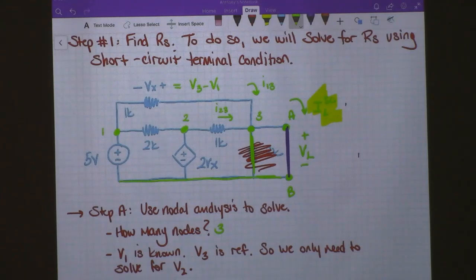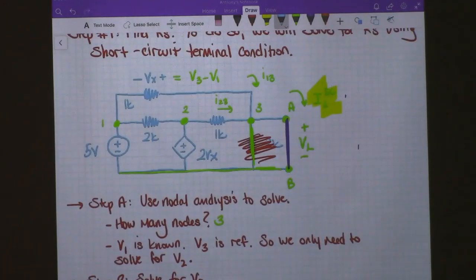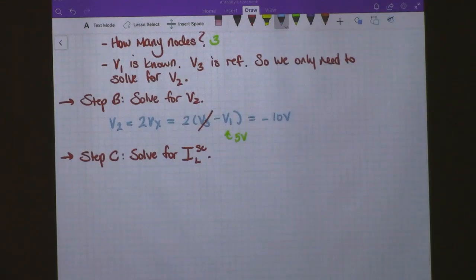Okay. So IL short circuit is equal to I13 plus I23.